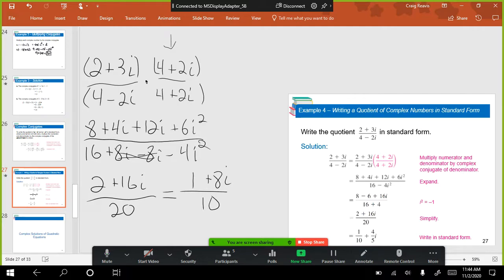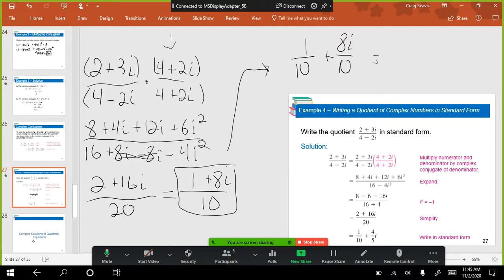All right. Now, if you'll notice over here, this is one way to write your answer. You can also, and you'll see this a lot with imaginary numbers, split that up and make that 1 over 10 plus 8i over 10. And then notice the 8 over 10 will simplify again.